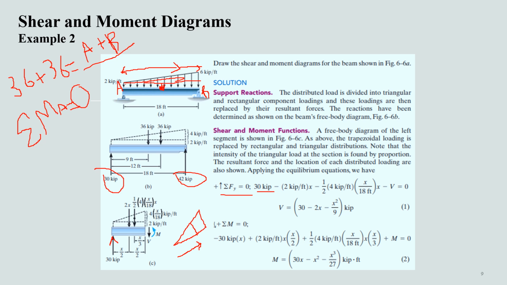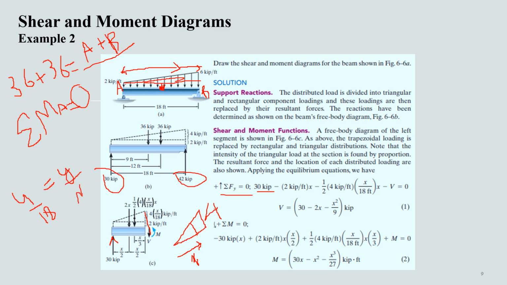So if we have the height of this as 6 minus 2, which is equal to 4 here, and we know that the length of this segment is x and the length of the whole segment is 18, we can use the similarity of triangles: 4 divided by 18 will be equal to the unknown loading at x, which is here, and let's consider it as y, divided by x.